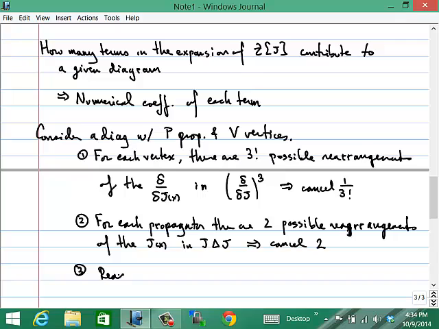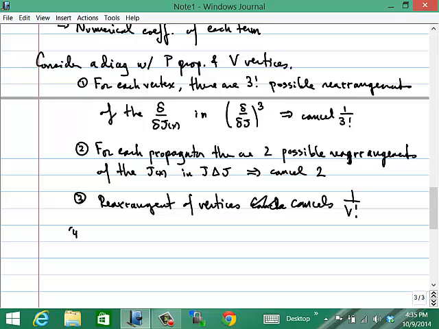So the rearrangement of the vertices cancels the 1 over v factorial, and the rearrangement of the various propagators cancels the 1 over p factorial. Okay. So the total coefficient of a term, a Feynman diagram with p propagators and v vertices, will cancel. All of those v factorials, p factorials, 3 factorials, and 2's are going to cancel.